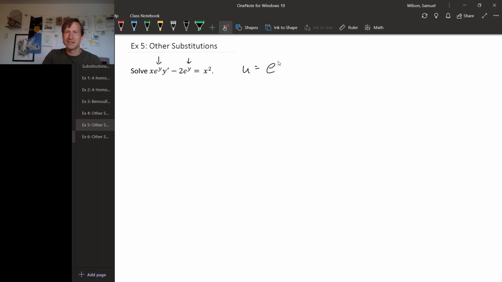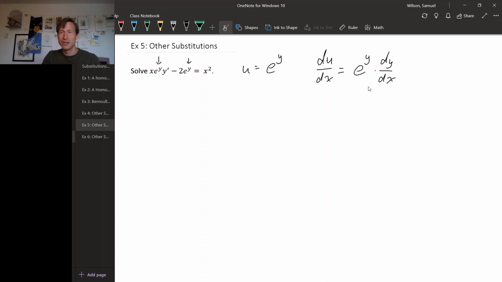So let's take u to be e to the y. Now we need to find du/dx. The derivative of e to the y is e to the y, but then the chain rule says we have to multiply by the derivative of y with respect to x. And so here's our substitution equation.